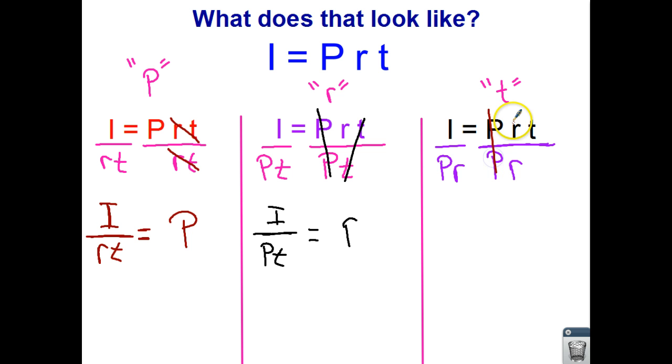The p's cancel, the r's cancel. I have just isolated t, the time by itself, and the time is going to be equal to the interest divided by the principal times the rate. Okay, that is solving literal equations for specified variables.